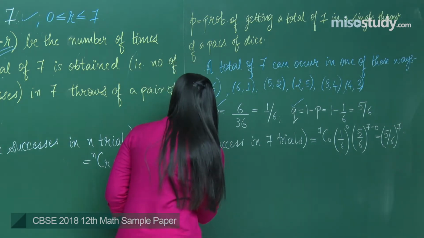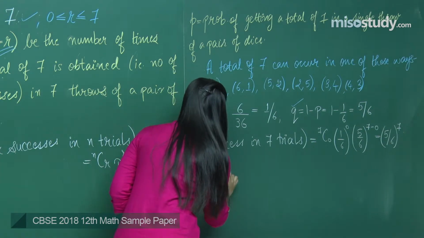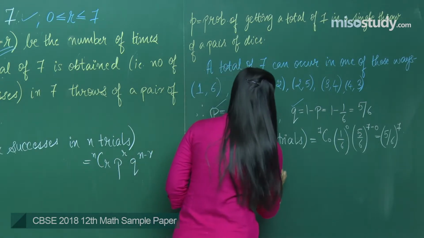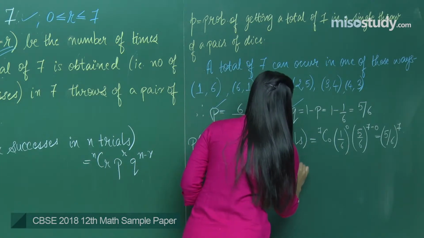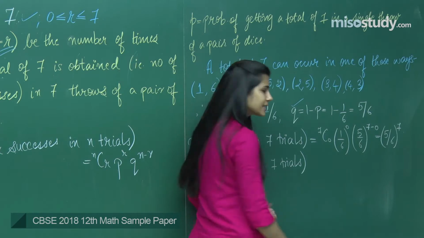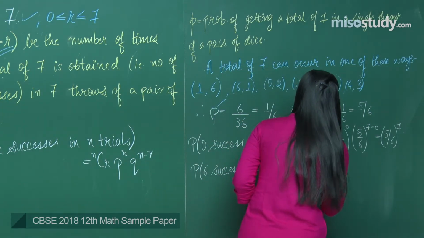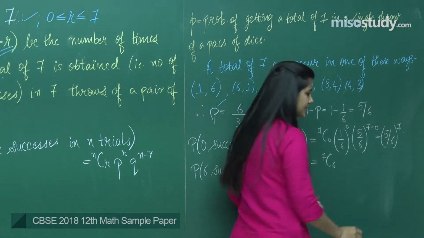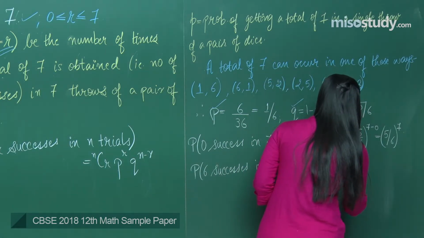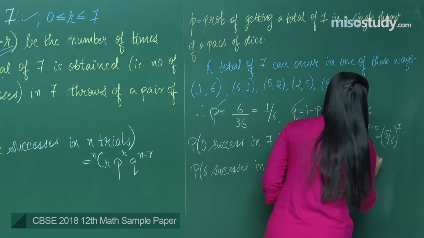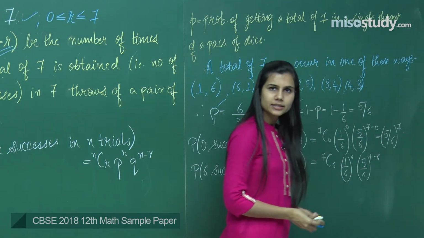The next probability is 6 successes in 7 trials. So 6 successes in 7 trials happen in how much? What is the probability? 7c6, 1 by 6 to the power 6 into 5 by 6 to the power 7 minus 6.